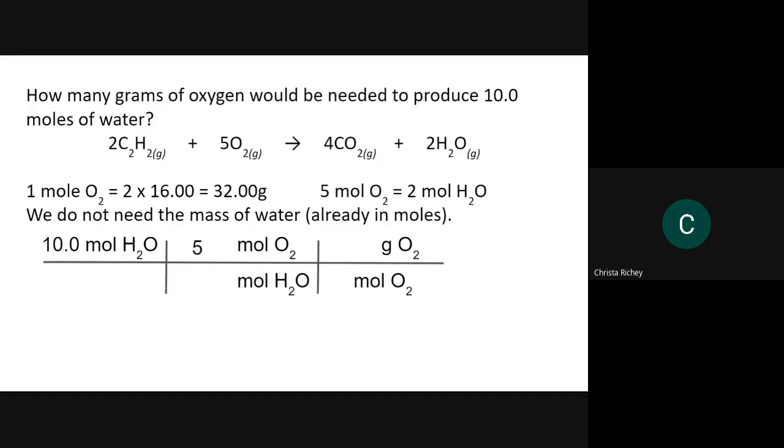My middle part is the coefficients, where there's a 5 in front of the oxygen and a 2 in front of the water. And then on the right-hand side, when you go between moles and grams of the same substance, the mole will get a 1 every single time. Not here, here. And then 2 times 16 is 32 grams.